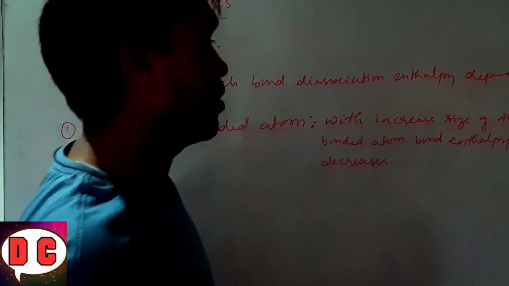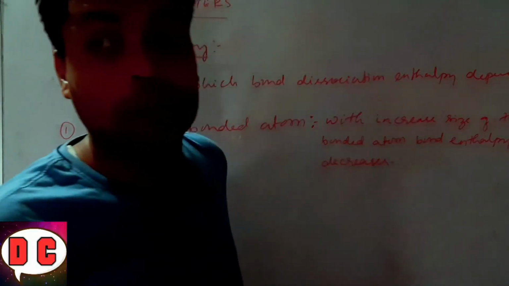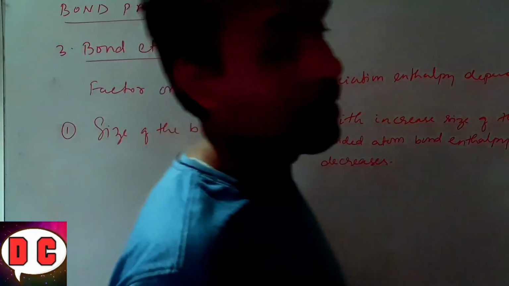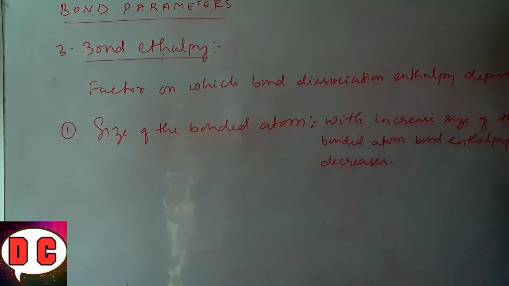Okay, so with increase in size of the bonded atom, bond enthalpy decreases, and with decrease in size of the bonded atom, bond enthalpy will what? Will increase. Okay, fine. So this factor, I think it is clear to all of you.